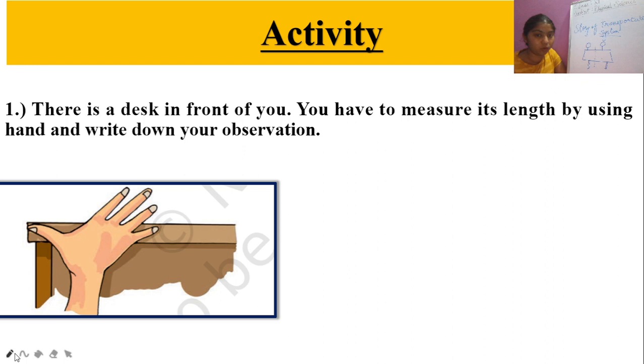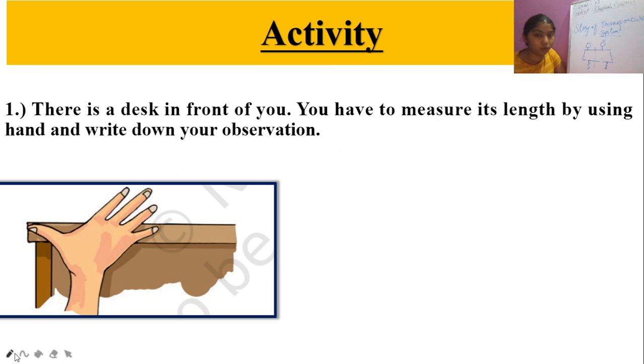So students, let me use my hands to measure this. You have to measure in the same way as this person is doing. You have to open all your fingers completely, then you have to measure. Okay, so let me measure. It's 1, 2, 3.